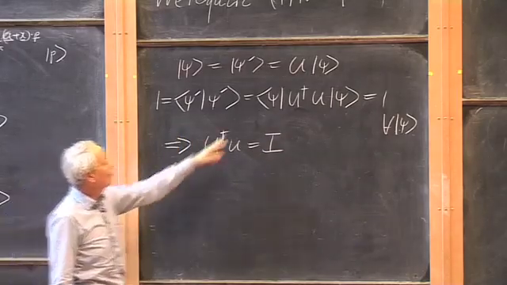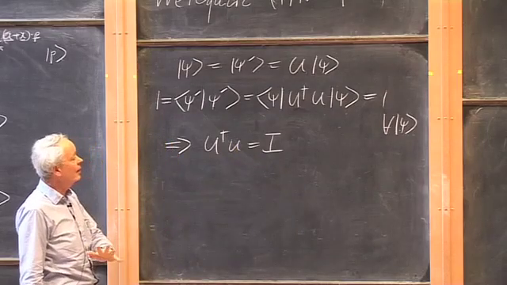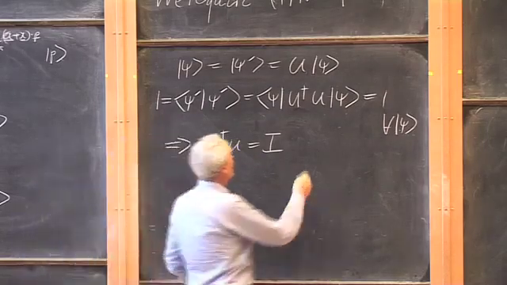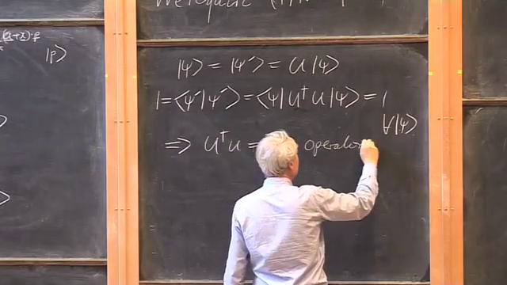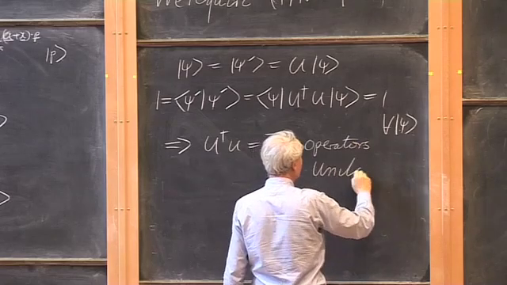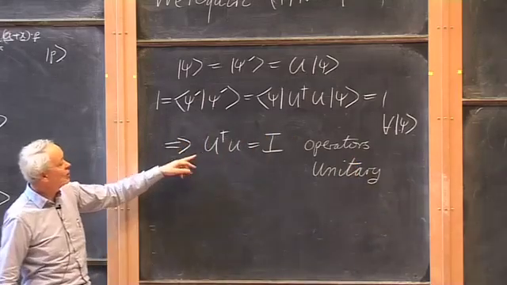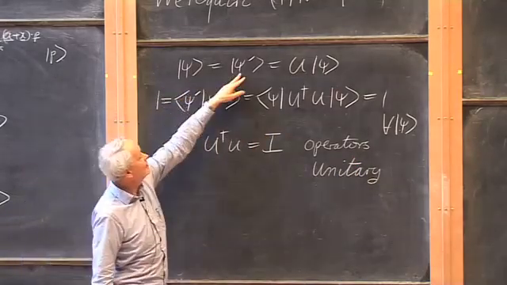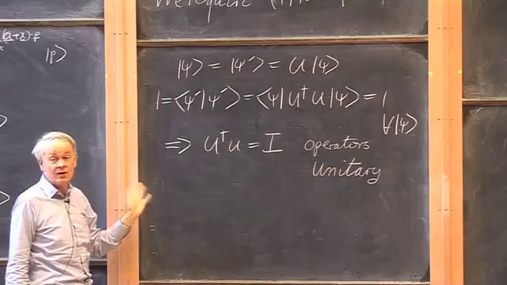From this statement, this follows fairly straightforwardly, but I'm not actually proving it right now. So operators of this sort, as I expect you know from Professor Esler's course, are called unitary. Unitary operators are precisely those operators which leave the length of our states unchanged. And in the present case, for physical reasons, the length is 1.